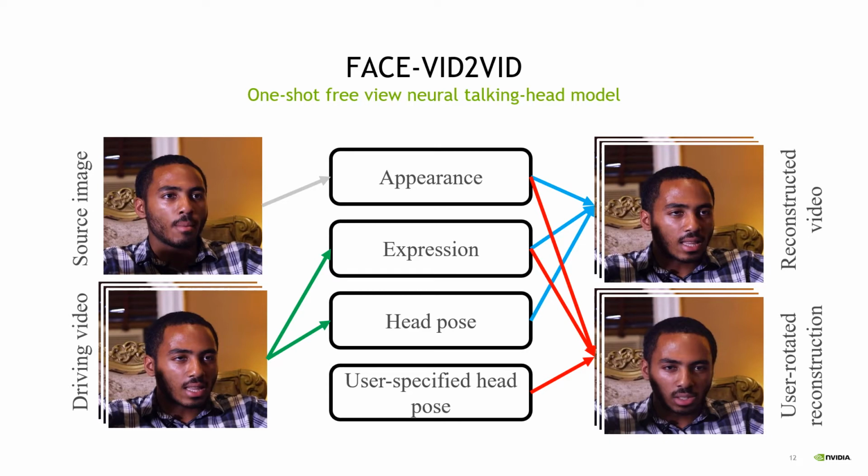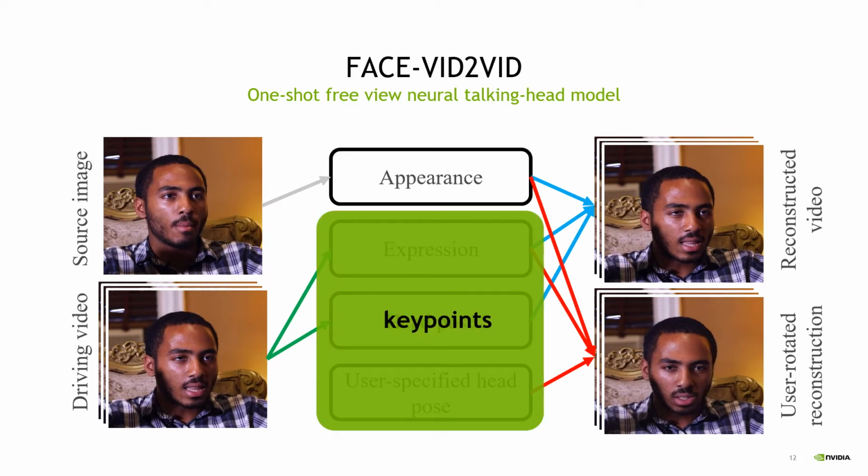Now, by combining the appearance and expression and head pose information, we can reconstruct the input video. If you don't like the head pose in the input video, you can specify your preferred head pose, and this can be used for the face redirection application. We're gonna call the expression and the head pose, all blended together, key points.